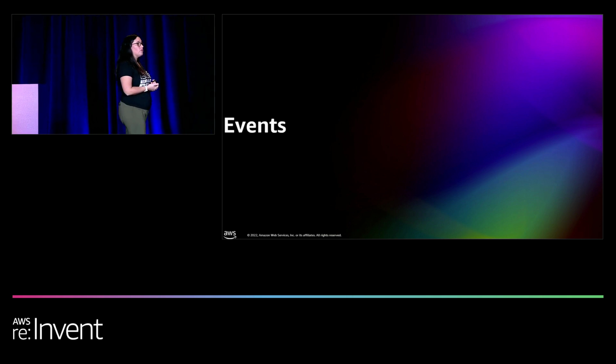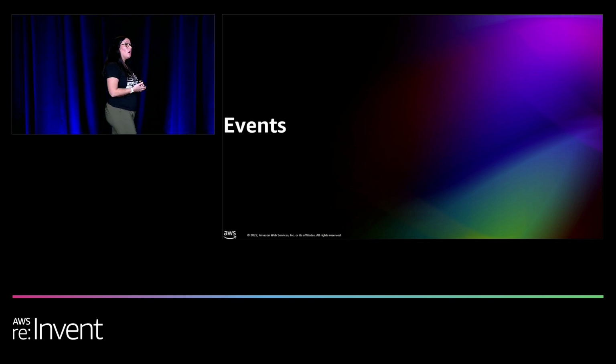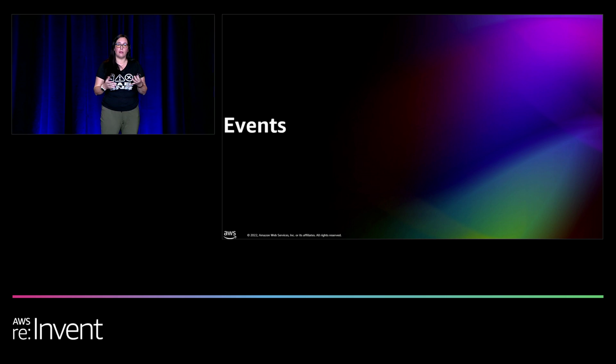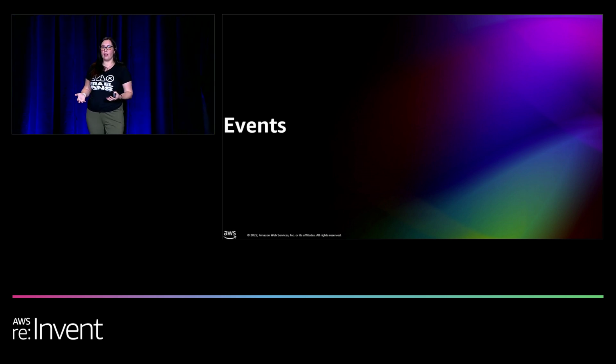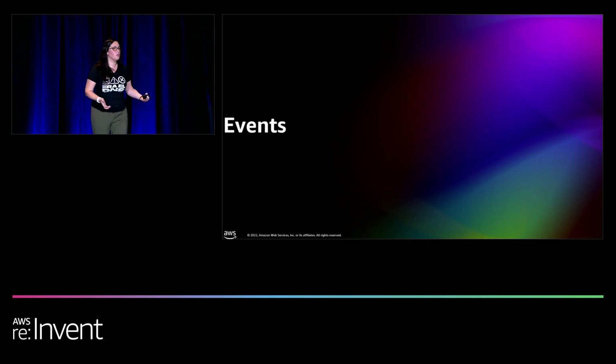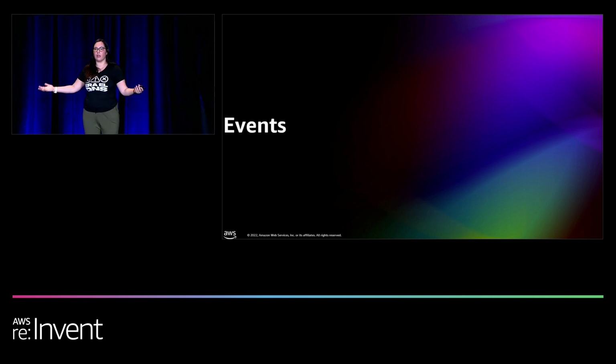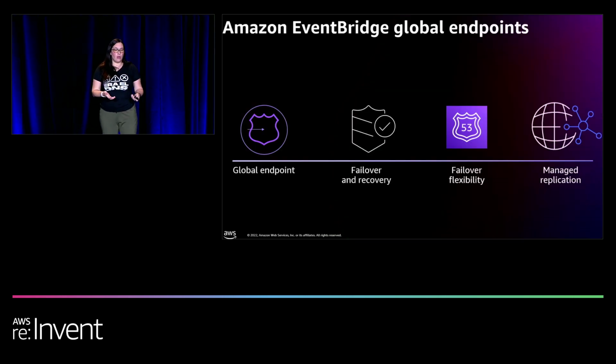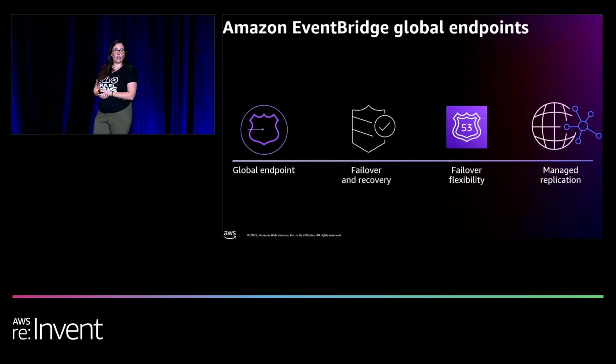So we are in an event-driven architecture, and if you are already building event-driven architectures, maybe you're using EventBridge. EventBridge is our serverless offering for events, and it's a great solution to connect microservices together and to create an event-driven architecture. So if you're using EventBridge, you need to check EventBridge Global Endpoints.